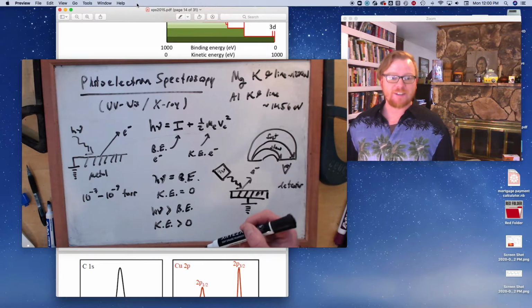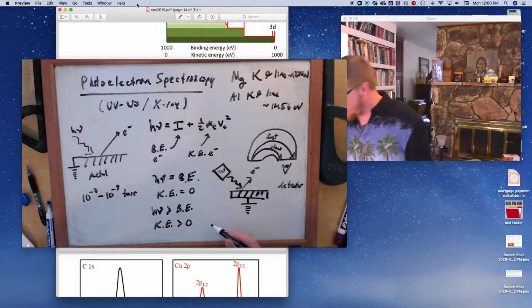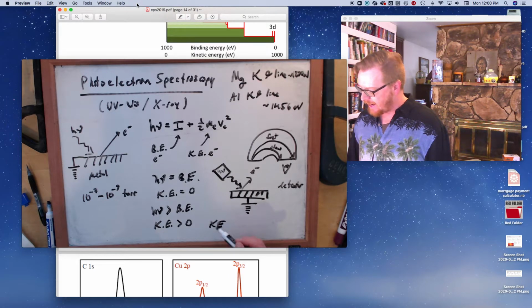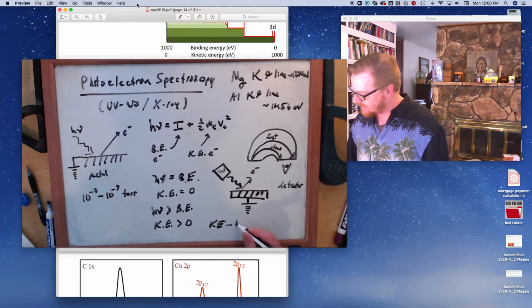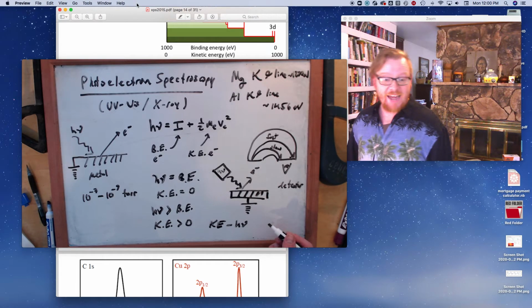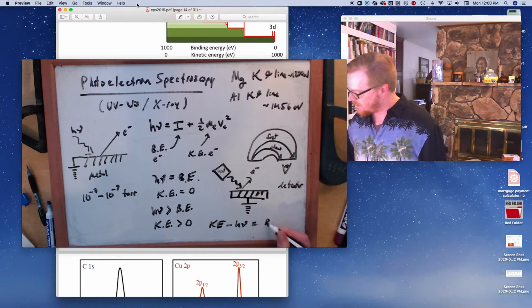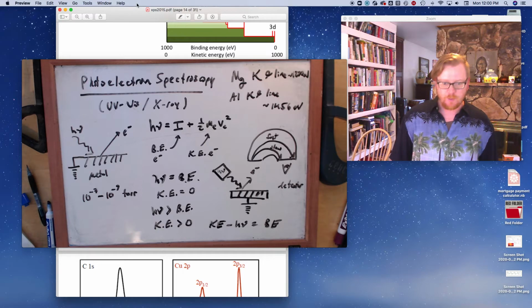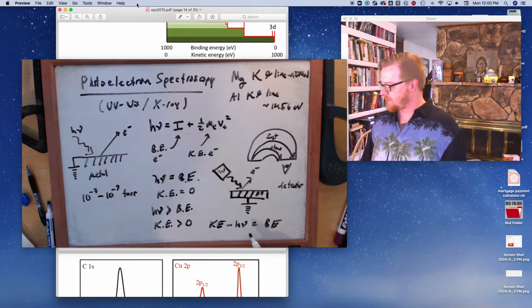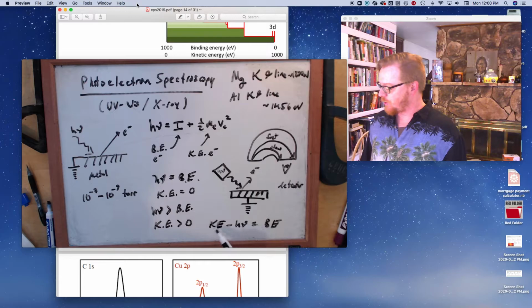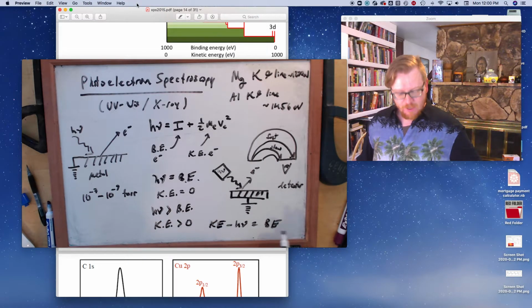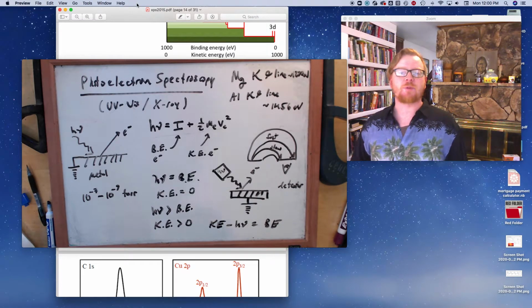And so what the technique does is determine the kinetic energy of the electron, and it says kinetic energy of the electron minus the energy of radiation used is going to equal the binding energy of the sample. So with a constant hν, KE varies, and thus you're able to see a variance of BE.